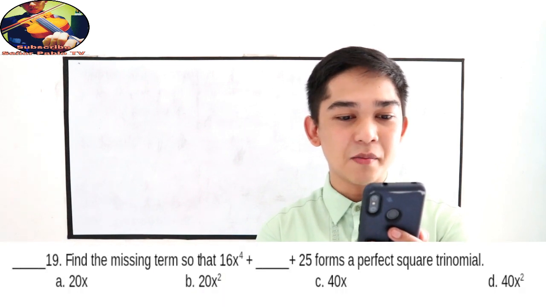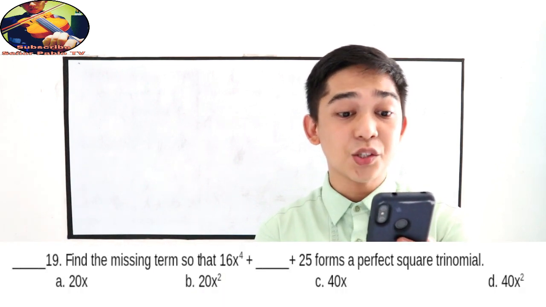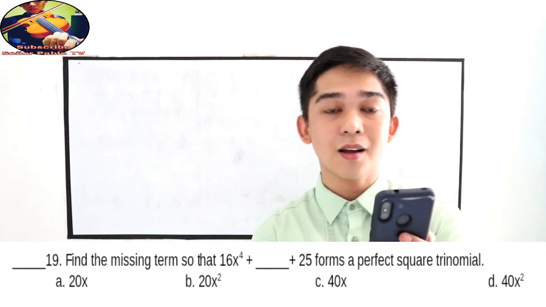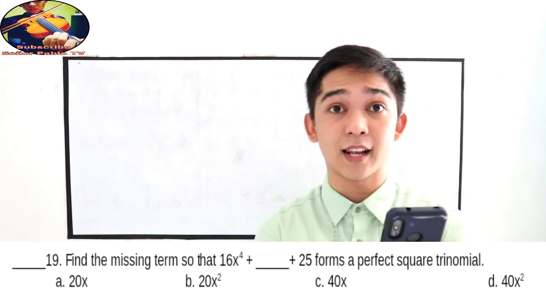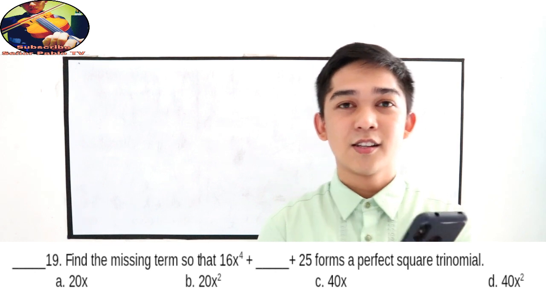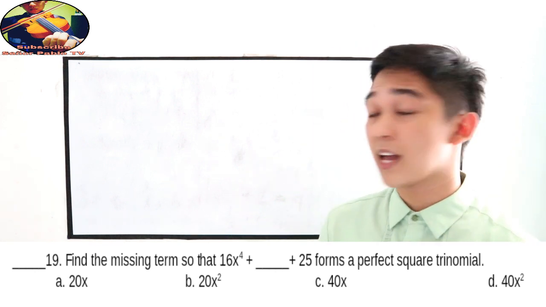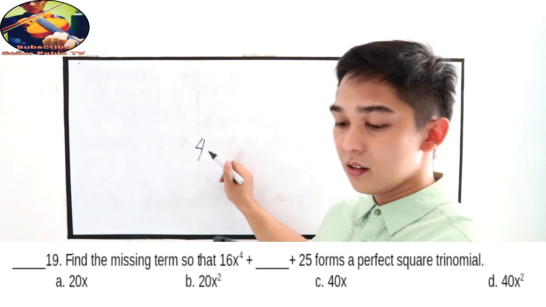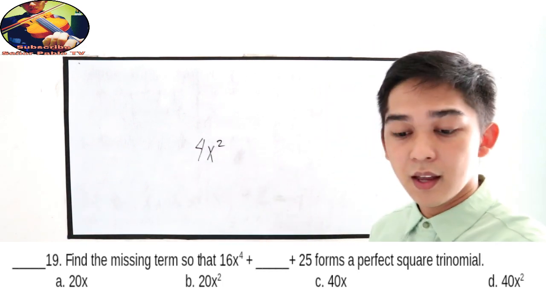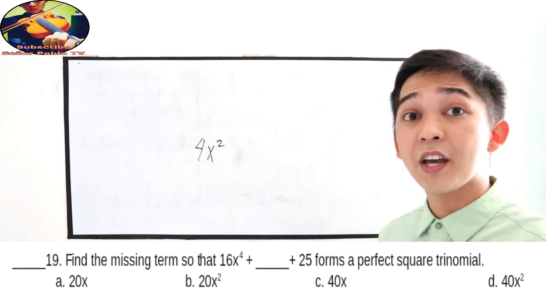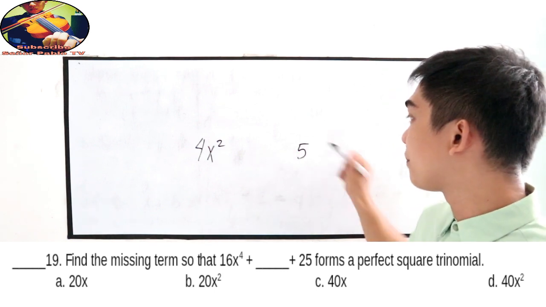Find the missing term so that 16x raised to 4 plus blank plus 25 forms a perfect square trinomial. So yung 16, square root niyan, 4. Square root of x raised to 4 is x squared. Next, 25, get the square root, so that is 5.